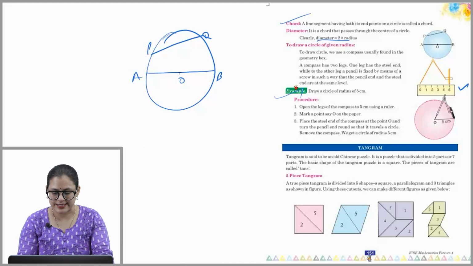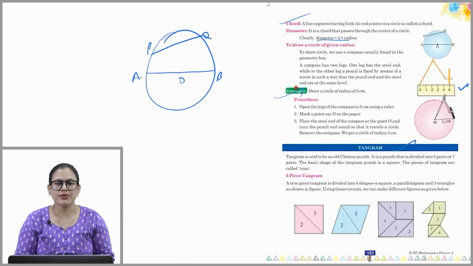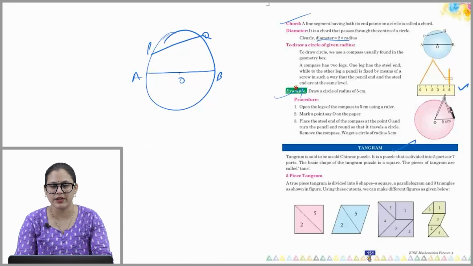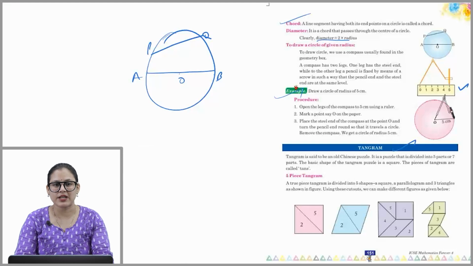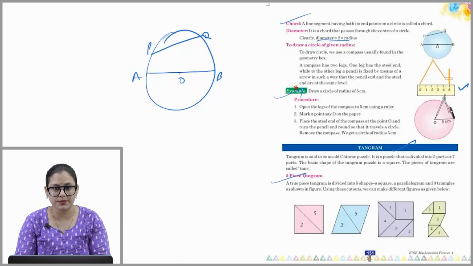Next is tangram. Tangram is said to be an old Chinese puzzle. It is a puzzle that is divided into 5 parts or 7 parts. The basic shape of the tangram puzzle is a square. The pieces of tangram are called tans. A 5-piece tangram is divided into 5 shapes: a square, a parallelogram, and 3 triangles, as shown in the figure.